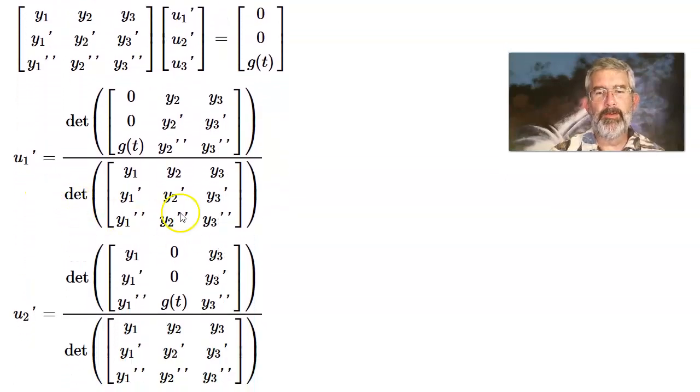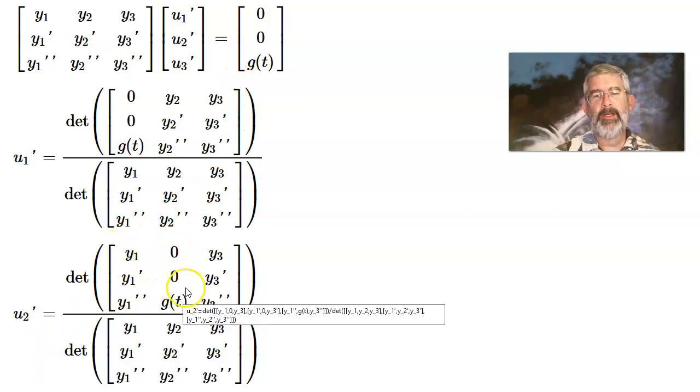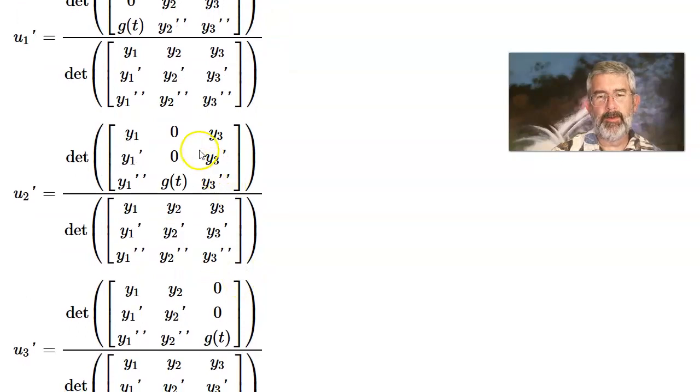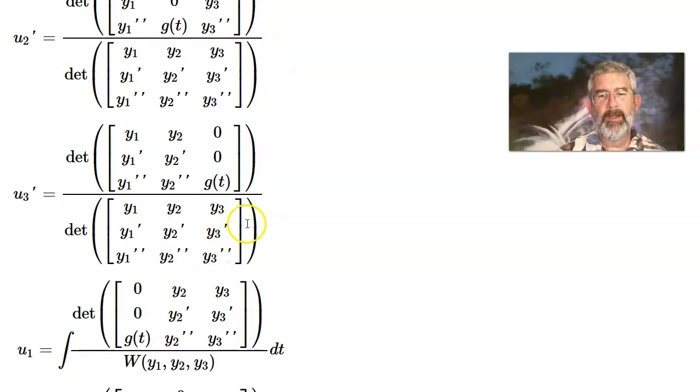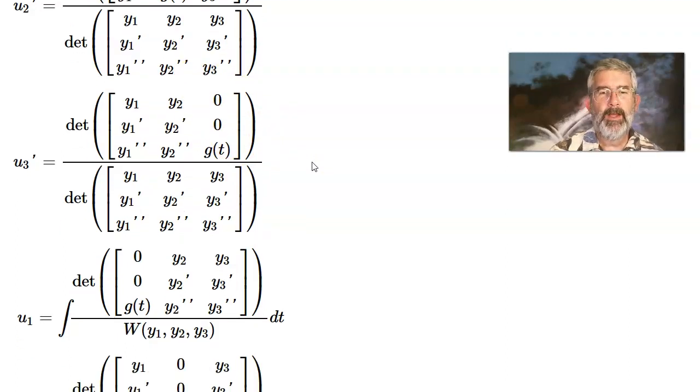So u1 prime equals, this is the determinant of the coefficient matrix, and the numerator is the determinant of, since I'm solving for the first variable, I replace the first column by the stuff that's over on the right here. And then when I solve for the second variable, I replace the second column by what's on the right, and likewise for the third one. Notice that the denominator is actually the Wronskian of those three functions. And also notice that I'm solving for u1 prime, u2 prime, and u3 prime.